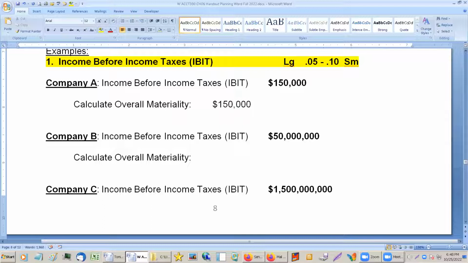We're going to multiply it. We're going to use the 5% or the 10%. 10%, yeah, probably 10. What is it, 15,000?